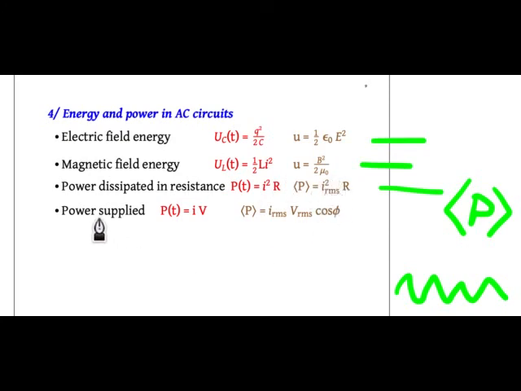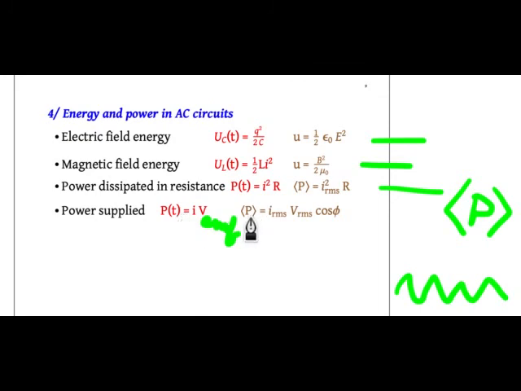And finally, the power supplied by the generator is I times V, where V is the voltage of the generator. V is the EMF of the generator. Now again, we're not always interested in the instantaneous power.